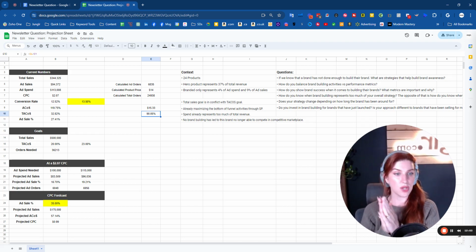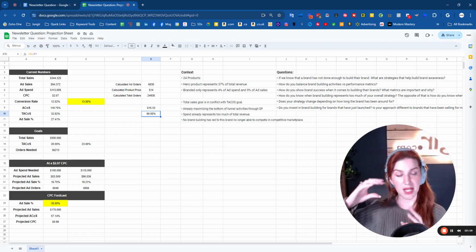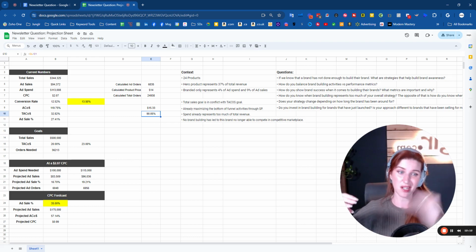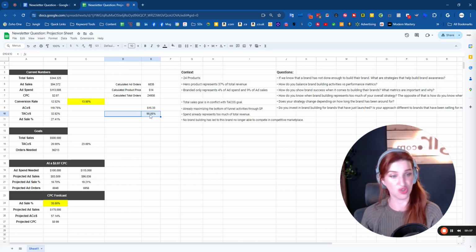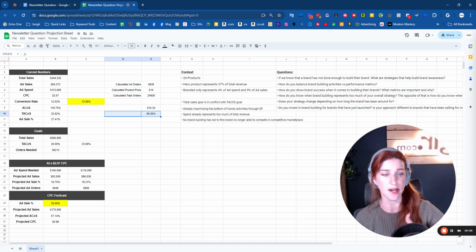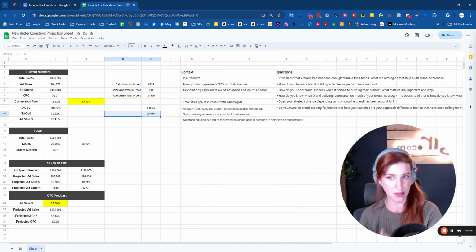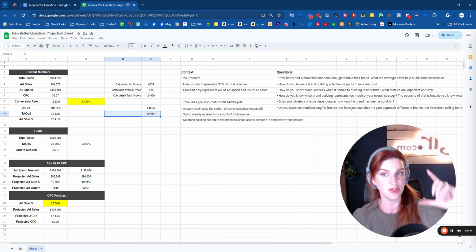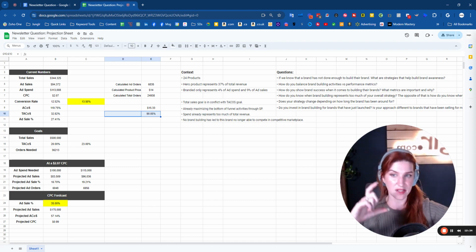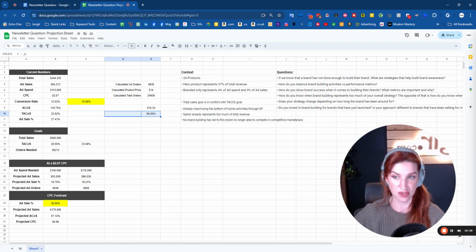And so when you have a conversion rate that necessitates you getting more clicks to generate an order, and you're paying a really high dollar value in cost per click on every one of those clicks, that's where you end up with ACoS mathematics that just don't work. That's also why lower price point products are always going to be more difficult to advertise, because what you're paying in ad spend to generate an order just can't be offset enough by the price generated.